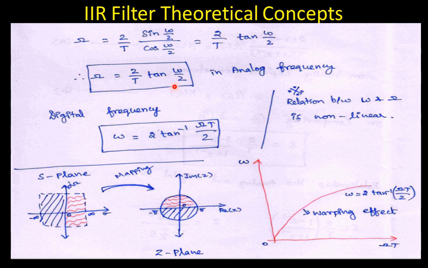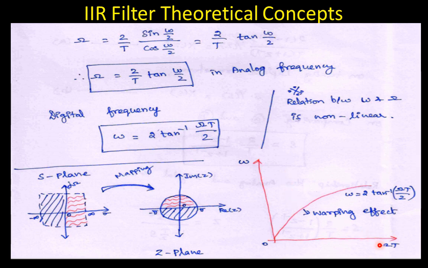So when you compare these two equations, you get one idea in your mind. What is that idea? The relationship between the analog frequency and the digital frequency is not linear. It is non-linear with respect to each other. This is an important factor, because we are designing an IIR filter in which the stability of the filter plays an important role.